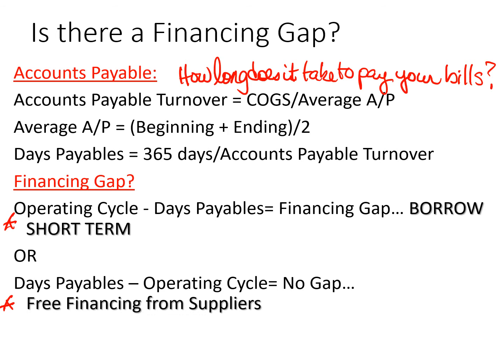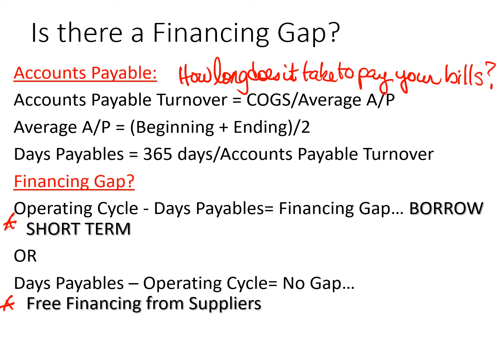At any rate, to get the accounts payable turnover, you take the cost of goods sold and divide it by the average accounts payable. This assumes you're a business that has a lot of inventory and that you finance that inventory by buying on credit. Then this makes a lot of sense for your business.